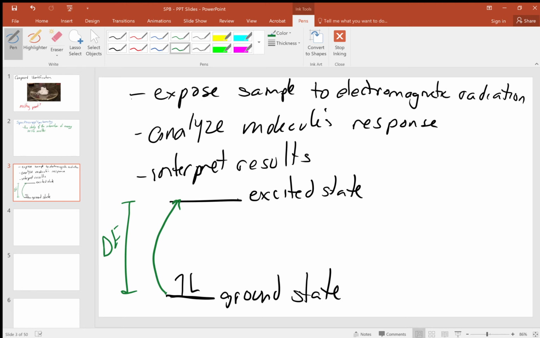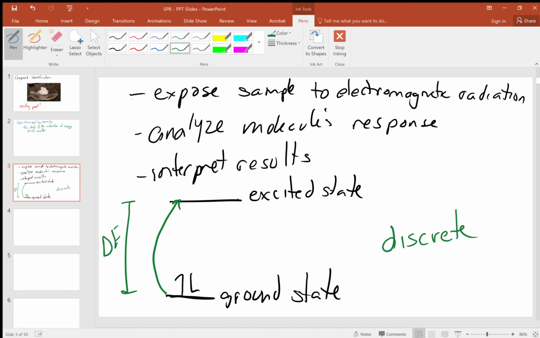Now, it's important to remember that these processes are what we call discrete. What that means is this will only occur if you apply exactly delta E to this system. If you apply any other energy, then this excitation won't occur. And the second thing is not all excitations are allowed.